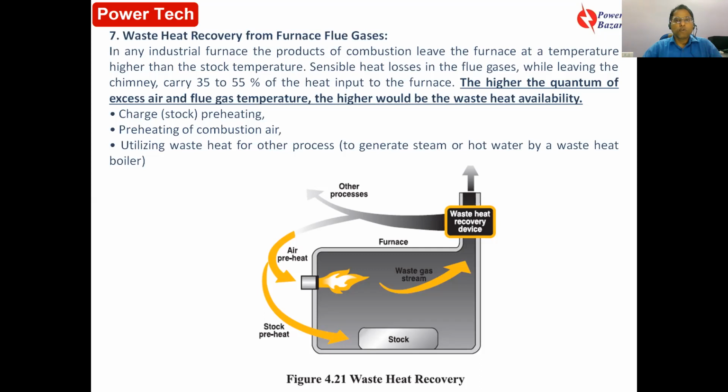So there is a sensible heat loss of 35 to 55% in the flue gas loss. If the quantum of excess air and flue gas temperature is high, then this loss will be there.